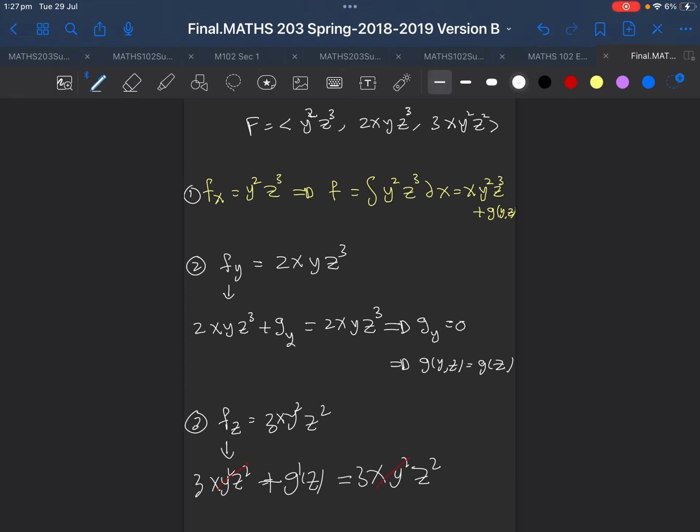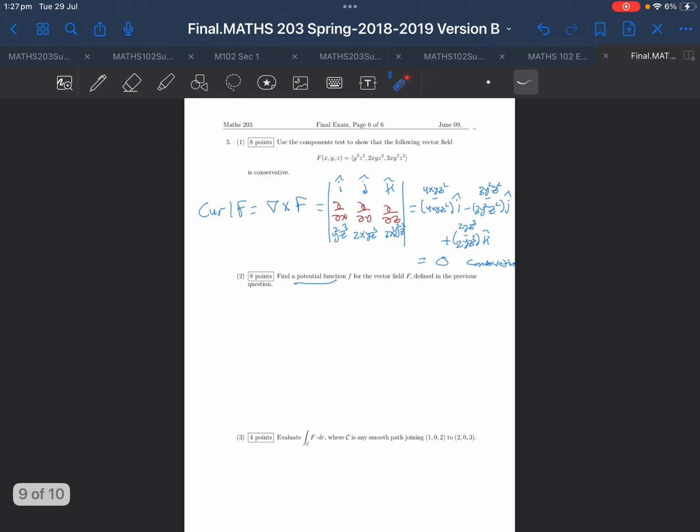And now we cancel. So g prime of z equals 0, so g of z equals just c.